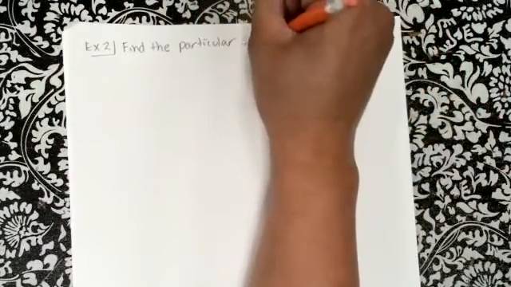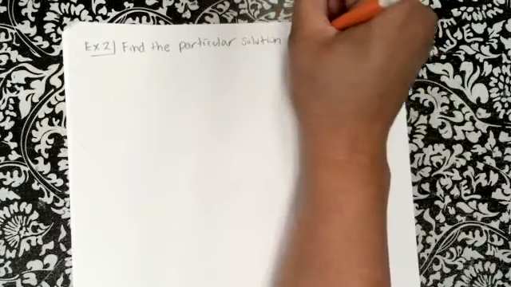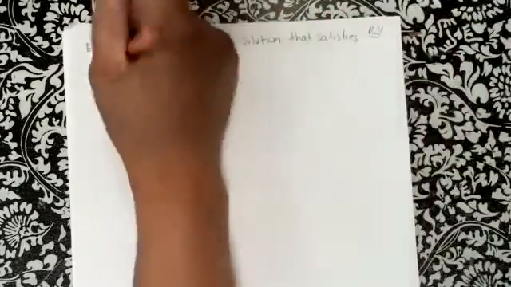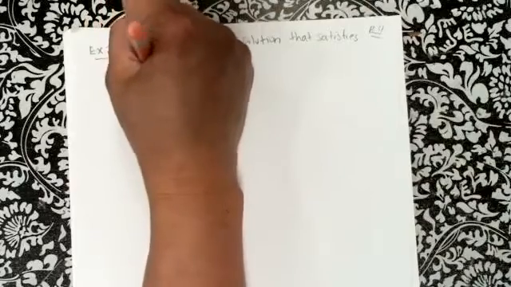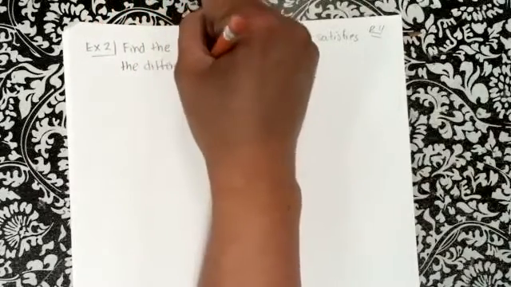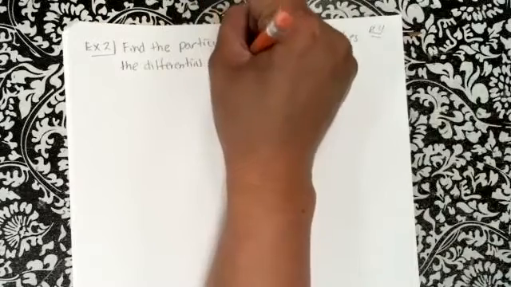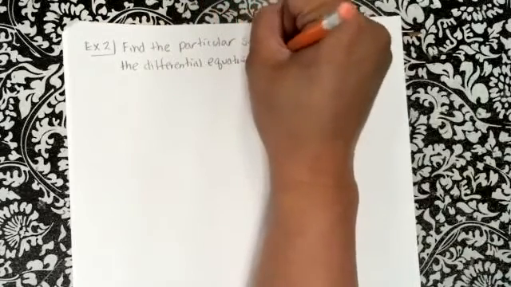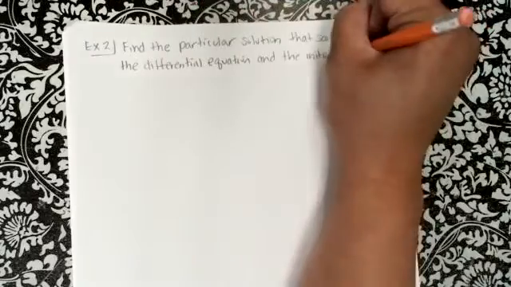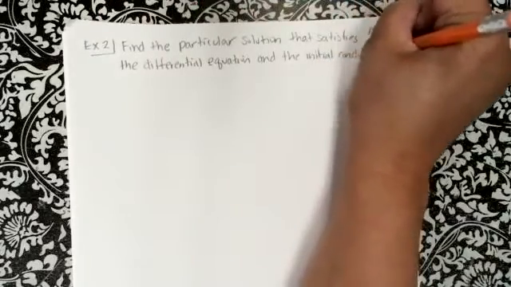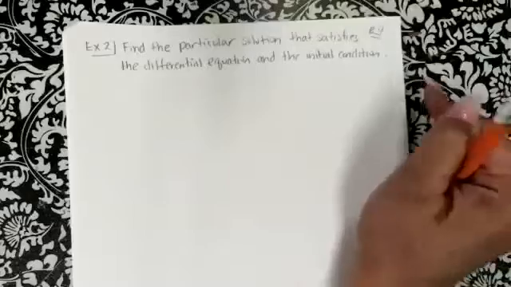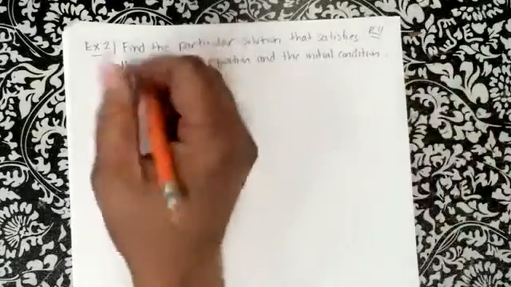So now you're actually going to find the value of c that satisfies the differential equation and the initial condition. And because I'm giving you an initial condition, that's what allows us to find out what the c value equals.